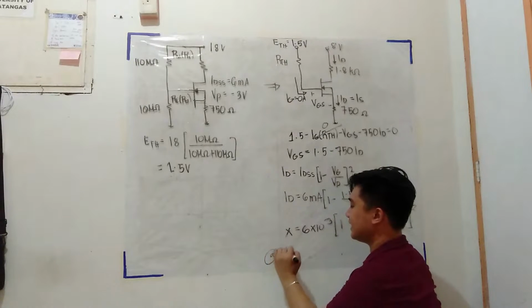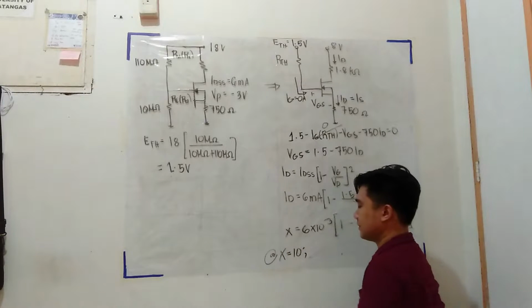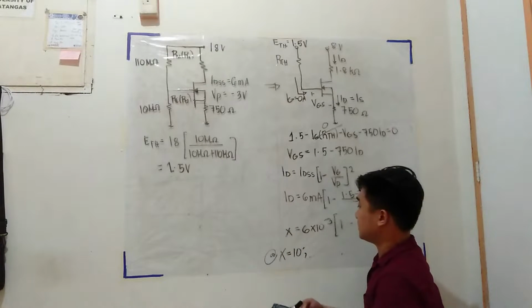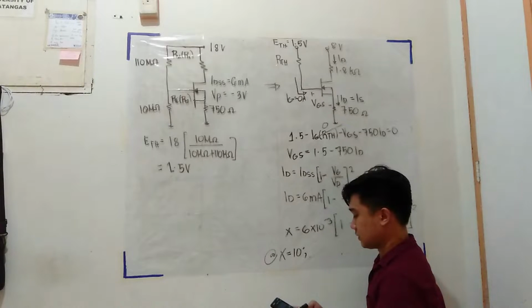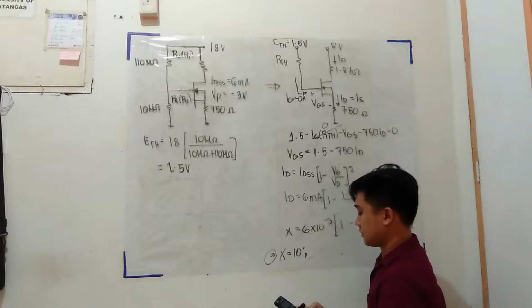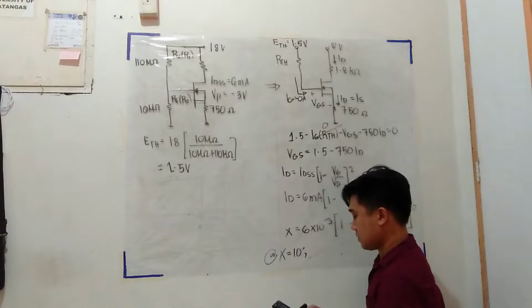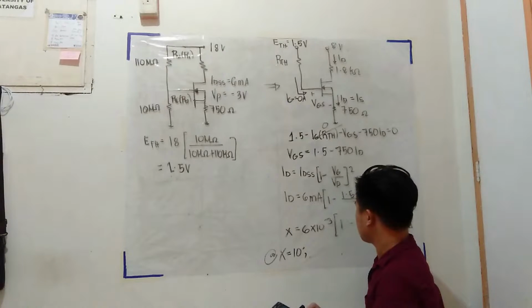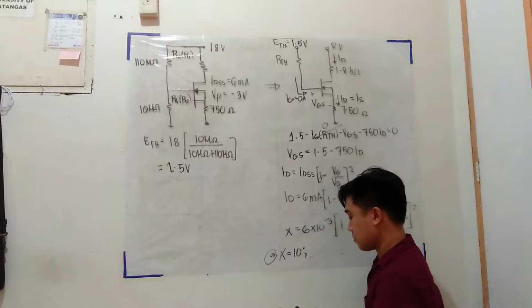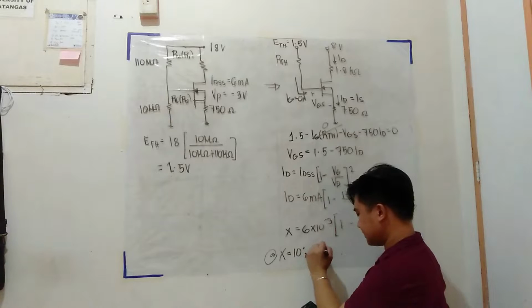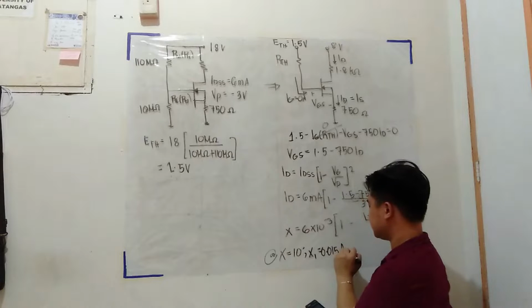So, ano makukuha kong values? So, let's see. At X equals 10, X1 natin is equal to 0.015 amperes.